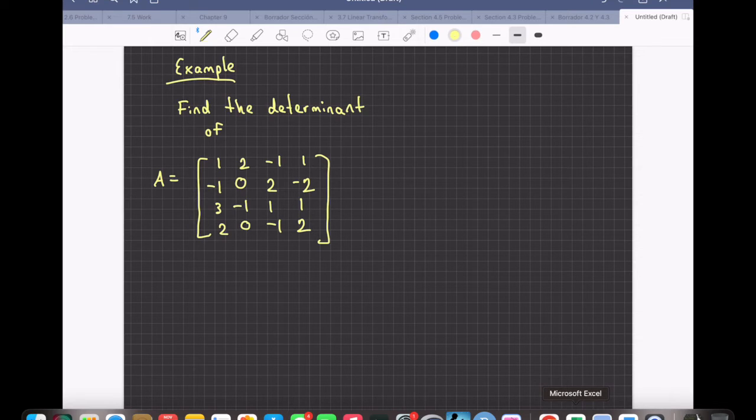Notice how this is a matrix with size 4 by 4. So pay attention as to how to do it.